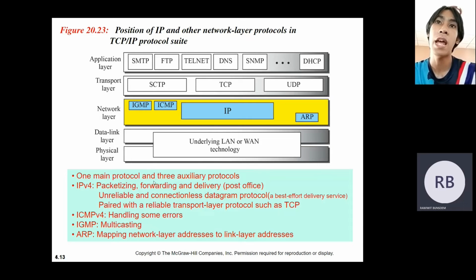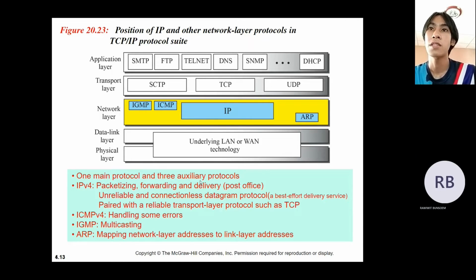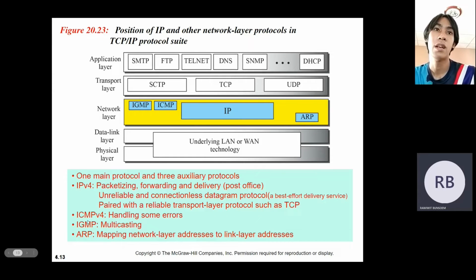One main protocol and three auxiliary protocols. IPv4 provides packaging, forwarding, and delivery, like the post office: an unreliable, connectionless datagram protocol. It pairs with a reliable transport layer protocol such as TCP.